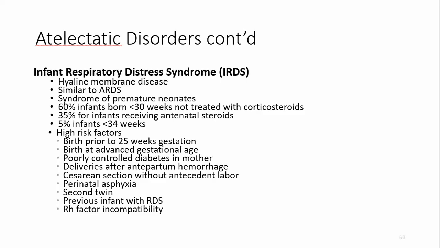They used to call RH factor incompatibility blue baby syndrome, and they were blue because they were cyanotic, usually because of IRDS. So cesarean sections pre-labor. So this is scheduled C-sections, have a higher risk of this.